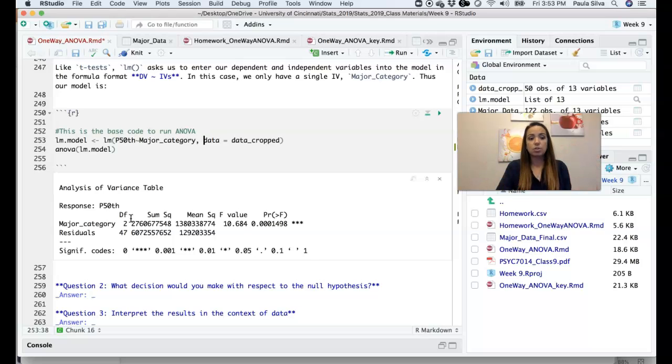So if we do this, we get the output that you've seen in our lecture videos. So you see that the major categories are the group this time. The category is not social class, it is major category. We see the degrees of freedom. So we have 3 major categories, 3 minus 1 is 2. We have the sums of squares of the group. We have the mean square, the F ratio, and the p-value.